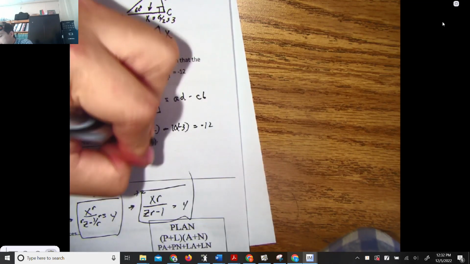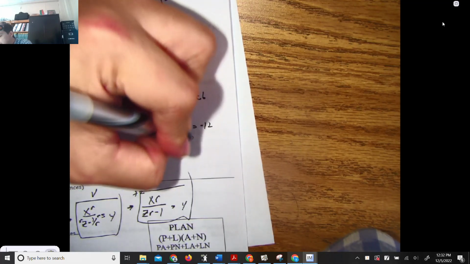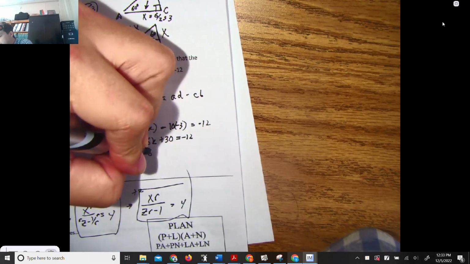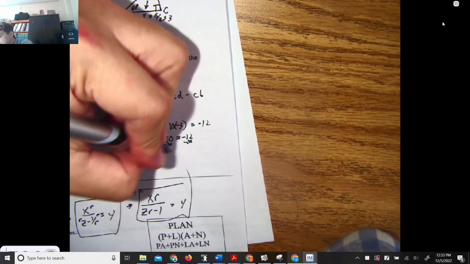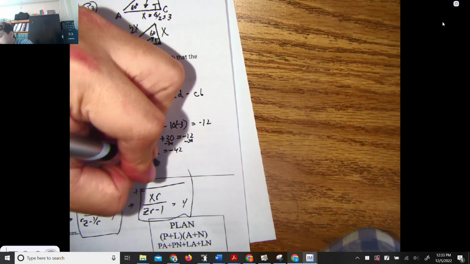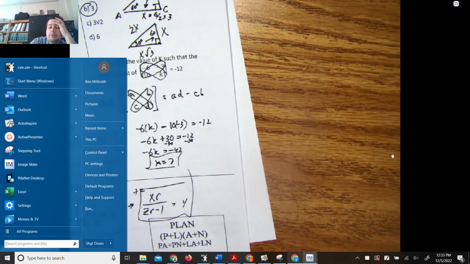And it would be equal to negative 12. So negative 6k, and negative times a negative is positive, plus 30 is negative 12. I'm going to subtract 30. Some of y'all still show that. You'd be like minus 30 equals negative 42, and my k value is a positive 7. So there is the front of the basics quiz that you guys get to take, what, Thursday?